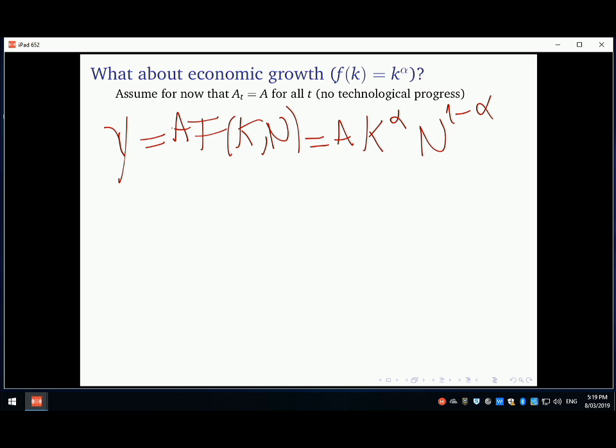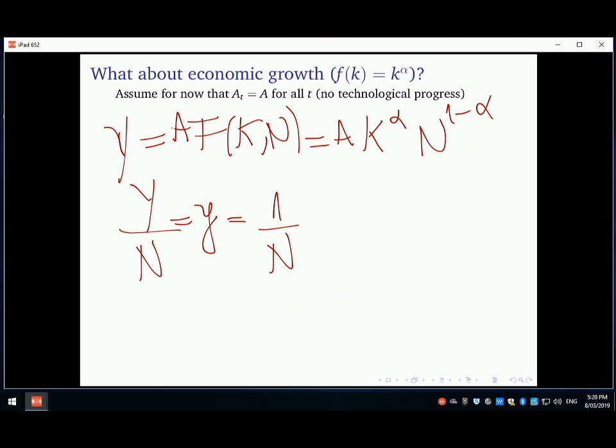Now let's have a more precise definition of little y. Little y, or GDP per capita, is that. I'm just dividing both sides of this equation by N.